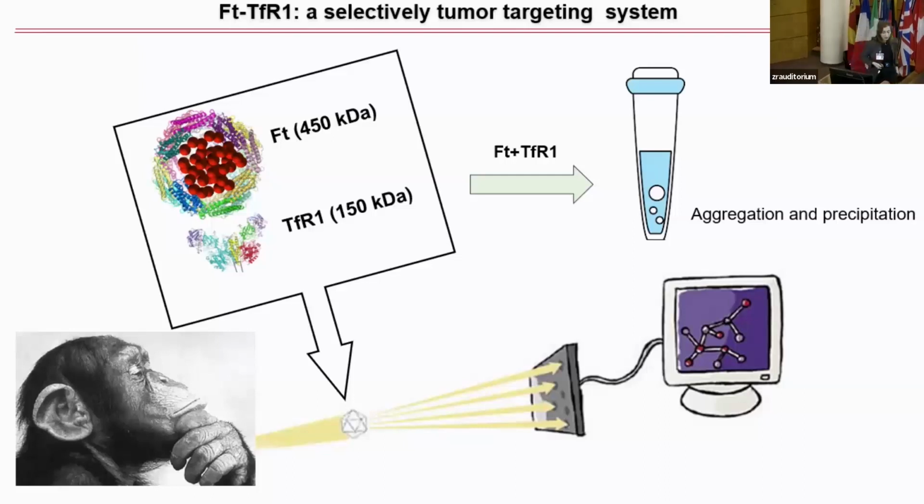And the classic thing one would do, we are structural biologists, we like to go to synchrotrons, was to try crystallization. However, crystallization was, I would say, very difficult, if not impossible, because since we have 24 potential binding sites on ferritin, in principle, because we didn't know how ferritin bound, but one would assume via just one molecule, but we have a dimeric receptor, we had aggregation, we had the formation of large aggregates because there was a bridging between one ferritin and two or more receptors, and precipitation.